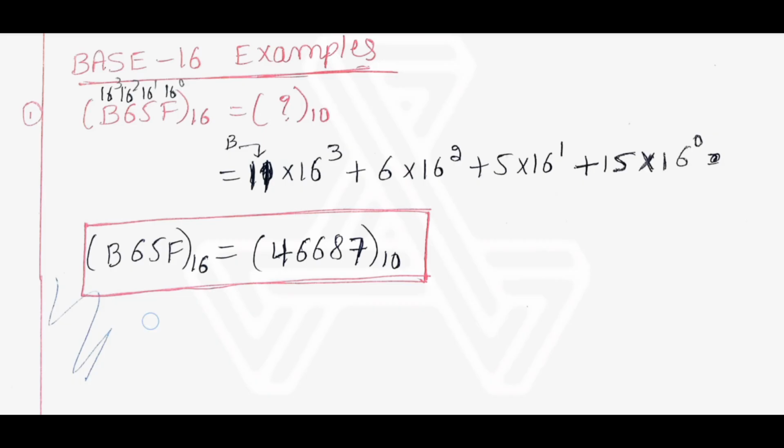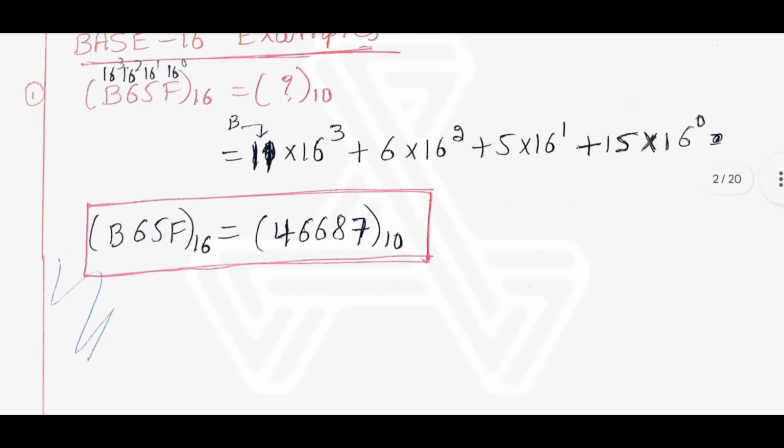Base 16 examples: B is 11. B into 16 power 3 plus 6 into 16 power 2.